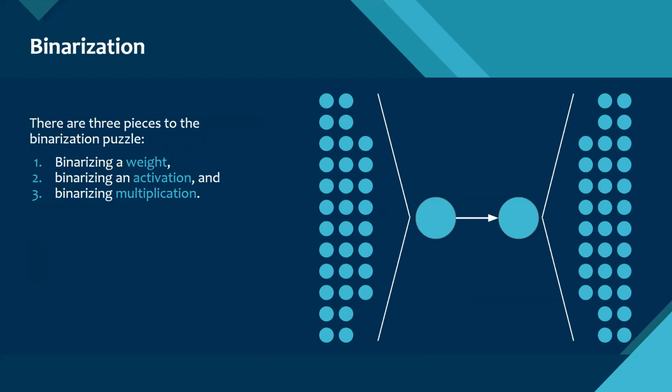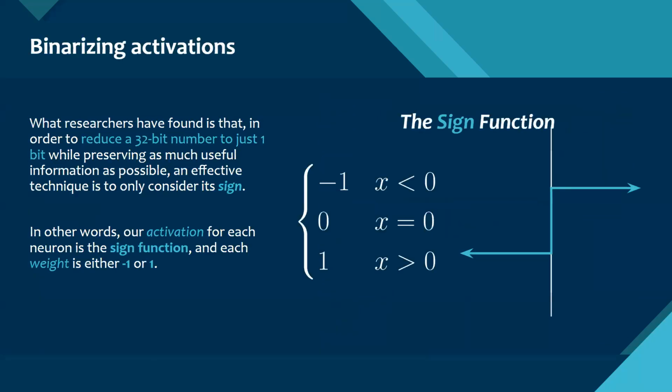The process of binarizing is going to involve binarizing a weight, binarizing the activation, and then binarizing its multiplication. One of the things we can do to binarize is just to use the sign function. If we reduce a floating point number to just one bit while preserving useful information, we usually just use a sign.